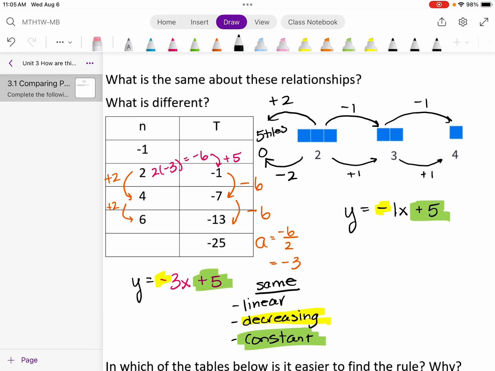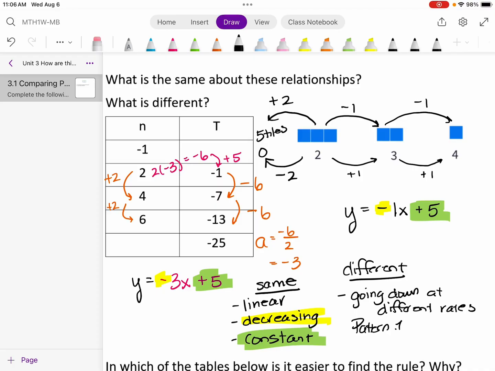What is different in these relationships is that they are going down at different rates. And when I look at these, pattern 1 is changing faster.